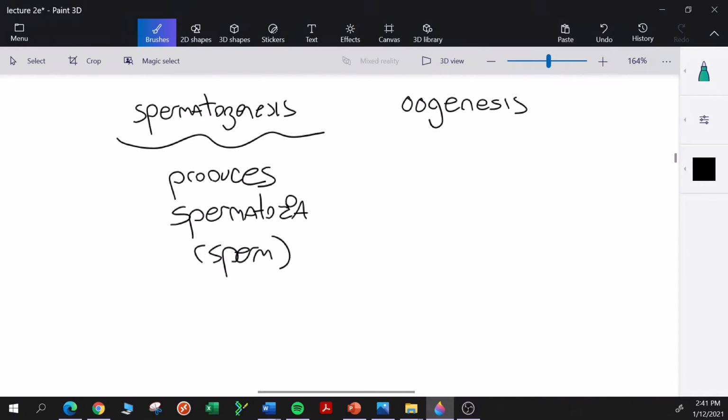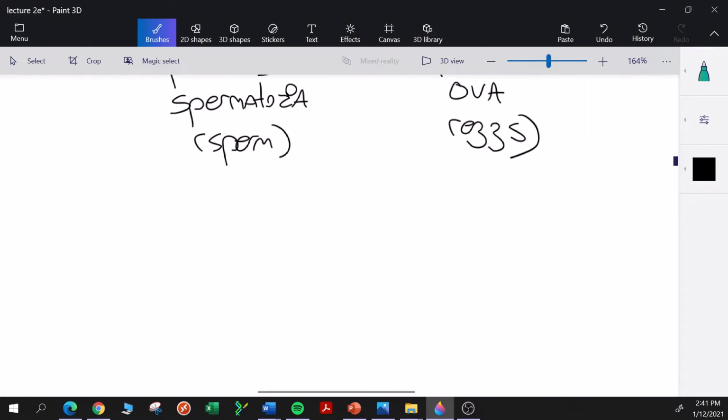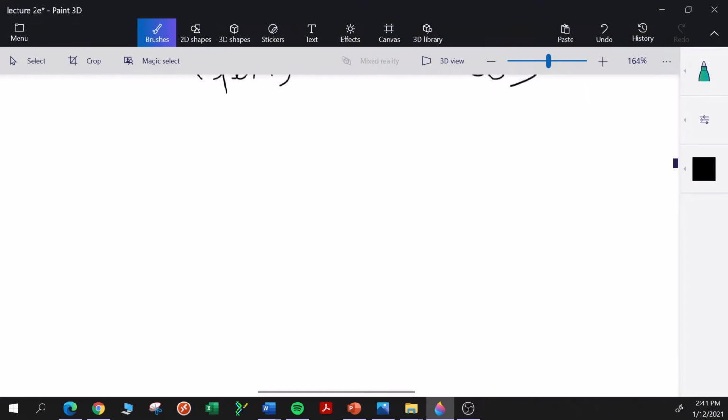Sperm is the simple term for spermatozoa. And oogenesis is the process that animals use to produce ova or eggs. Okay, so let's take a look at how these processes work. We'll take spermatogenesis first.